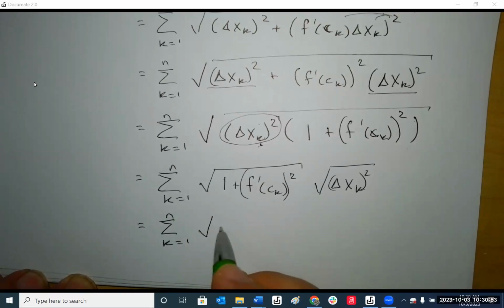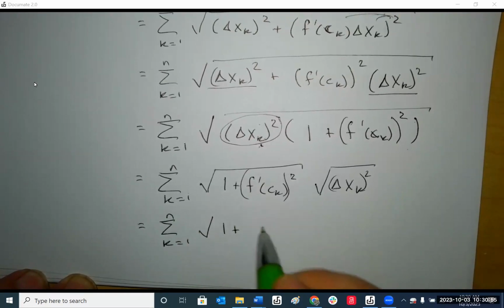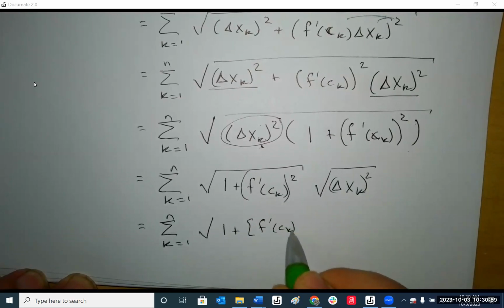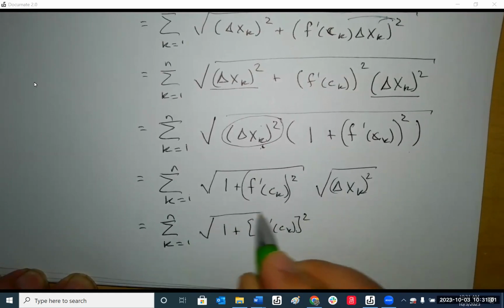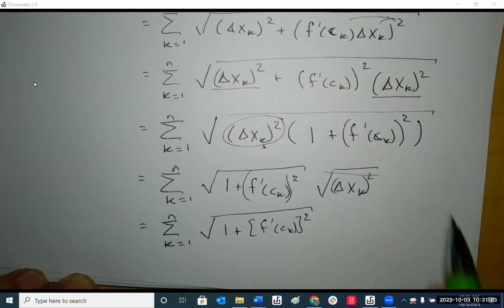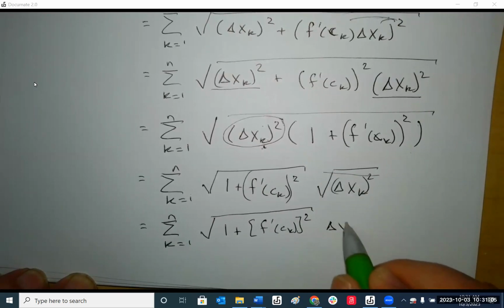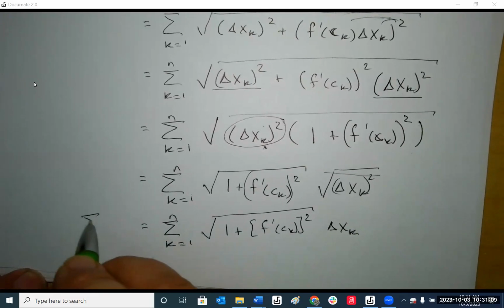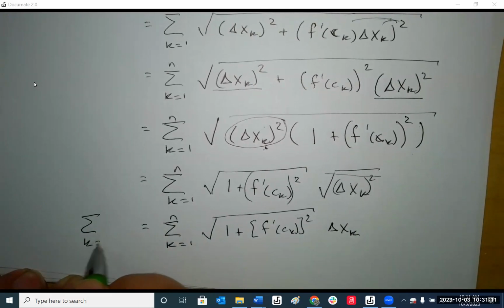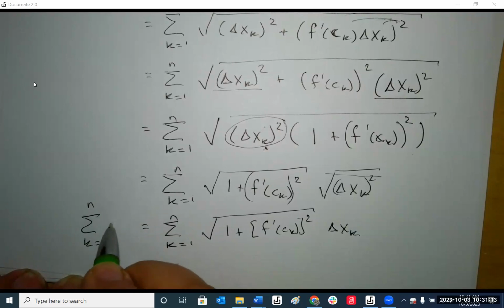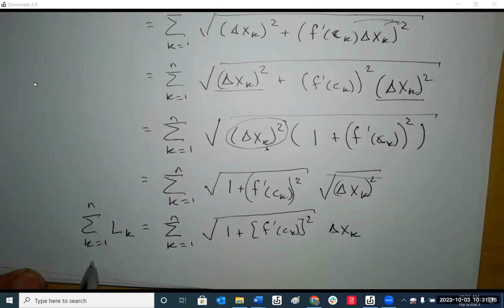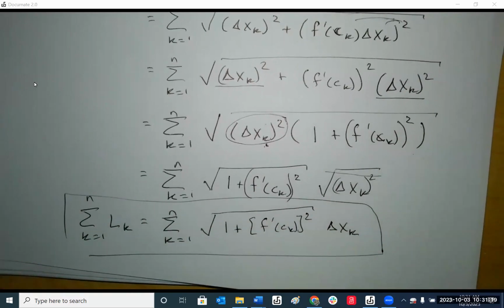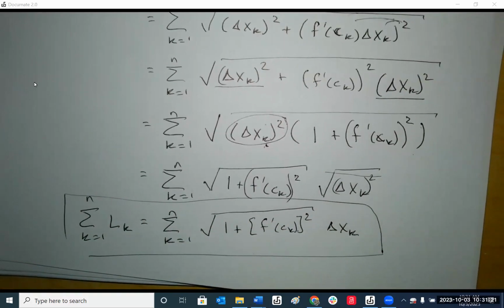So I have the 1 plus f prime of c sub k squared. The square root and the square cancel, so I simply have a delta x sub k outside. So this is what my length is equal to. That's my length formula.